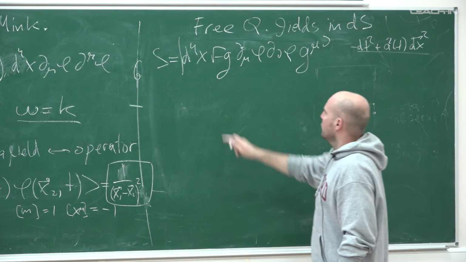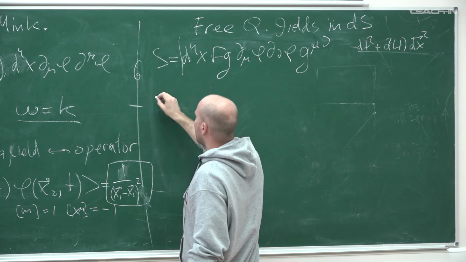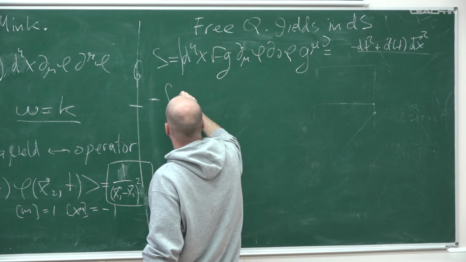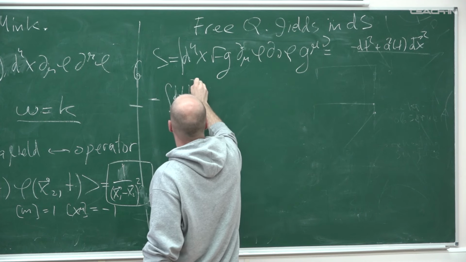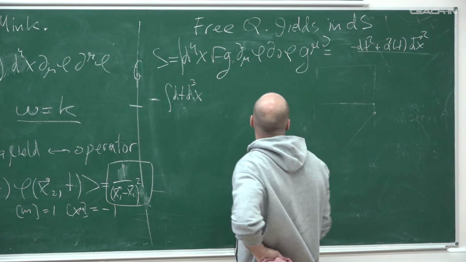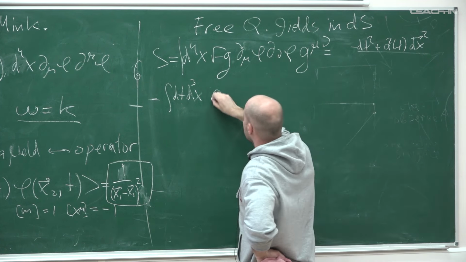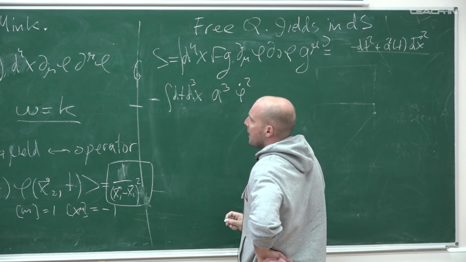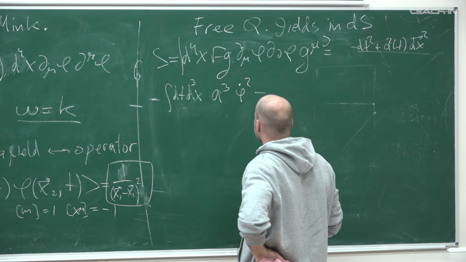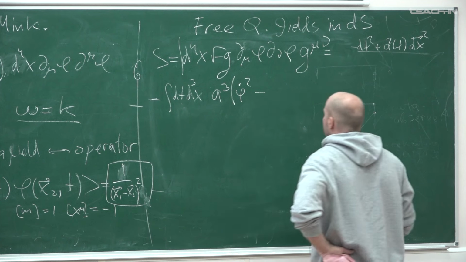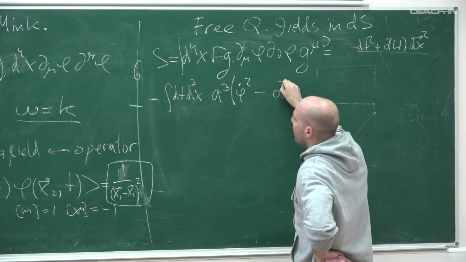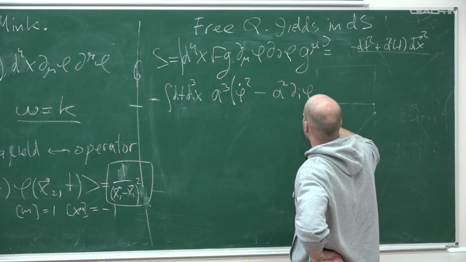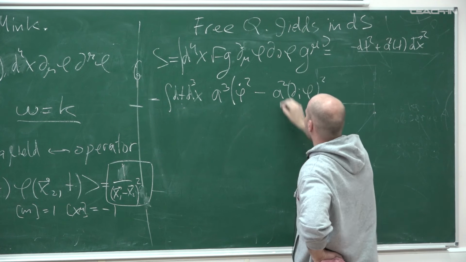Let's keep general a. So our action is the integral dt dx, and then square root of minus g is what? It's a cubed, right? So we have a cubed, and then phi dot squared is the same. But then I will have minus a squared, d_i phi squared, times a to the minus 2, right?